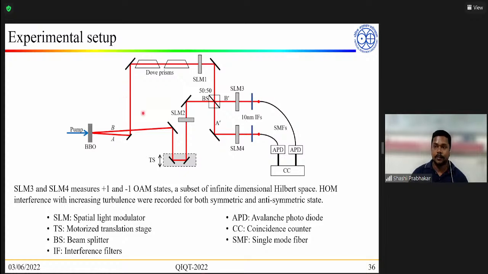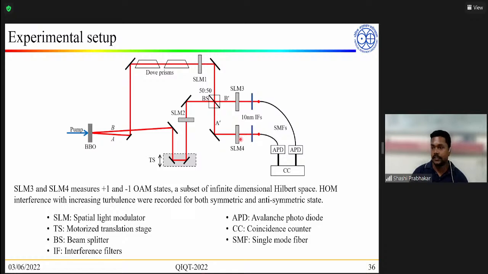So this is the experimental setup we built, where we have the PALM. Then we change from symmetric to anti-symmetric state using these two Dove prisms. If we rotate them by pi by 4, or 45 degrees, we convert from symmetric to anti-symmetric. One of the SLMs, either this or this, introduces the turbulence to the photon, and then we measure in the end with another two SLMs.